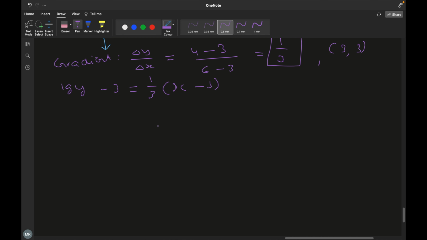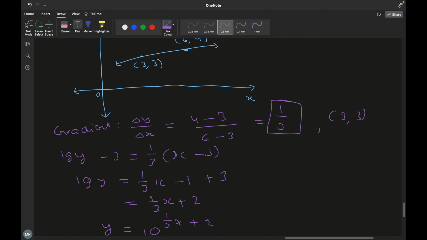Now let's simplify this. lgy equals 1 by 3x minus 1 plus 3. So this will be 1 by 3x plus 2. And now let's write this in terms of y. So y will be 10 to the power of 1 divided by 3x plus 2.